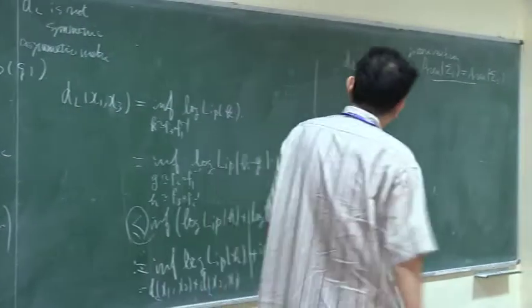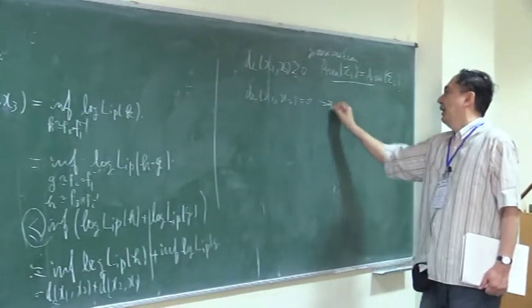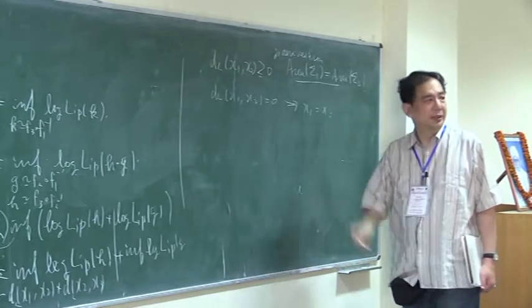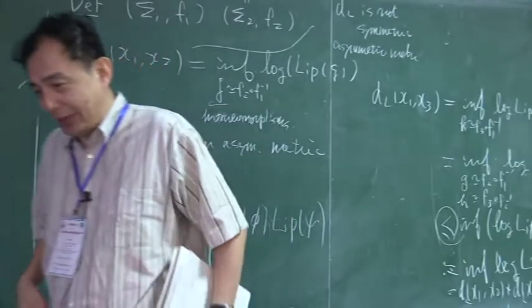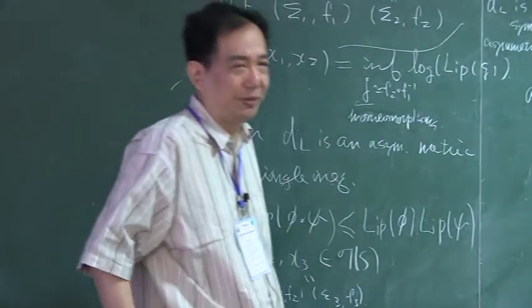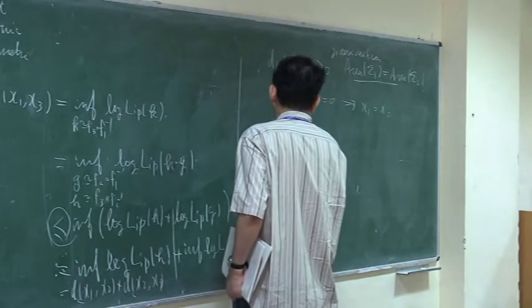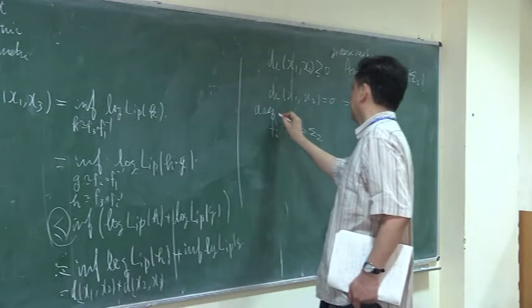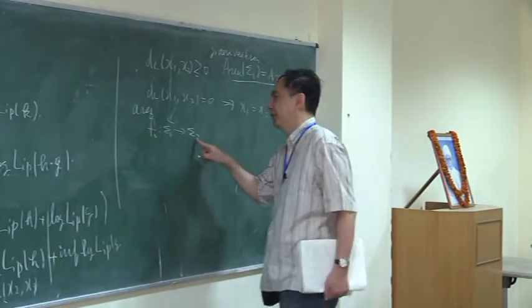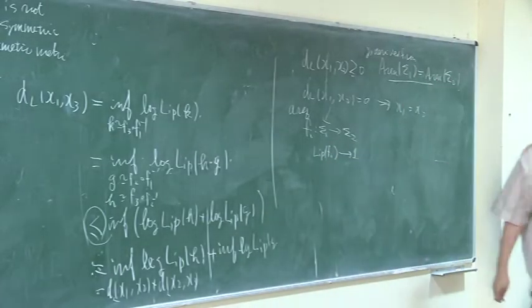So the last thing we need to check is if this is 0, then these two are equal. The proof of this one is just like the proof of the same fact for the Teichmüller metric. So this means there's a sequence of Lipschitz homeomorphisms from sigma 1 to sigma 2 such that the Lipschitz constant converges to 1.